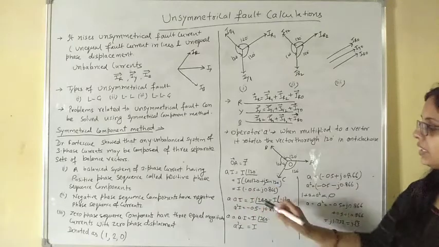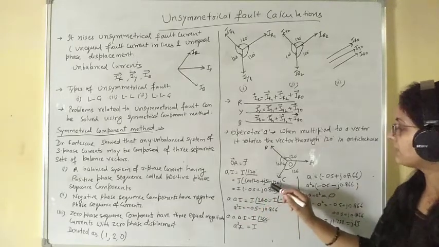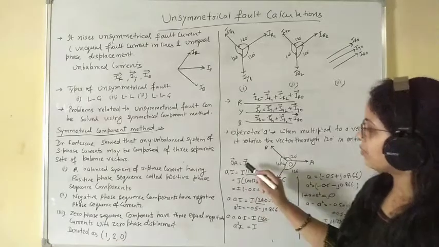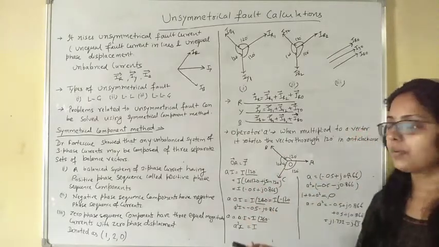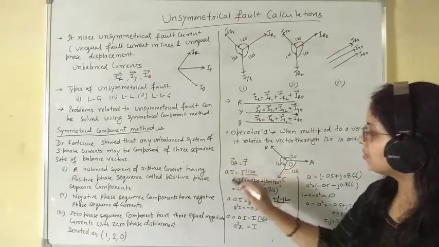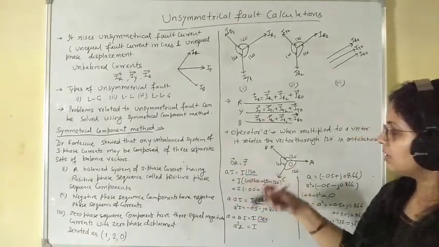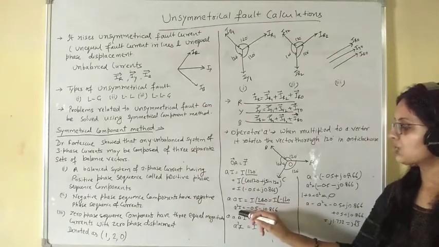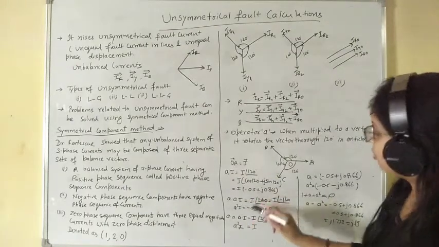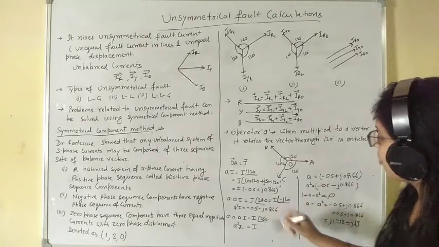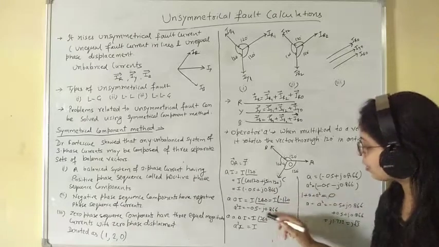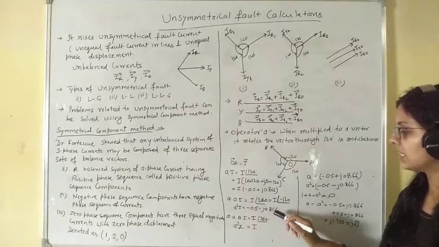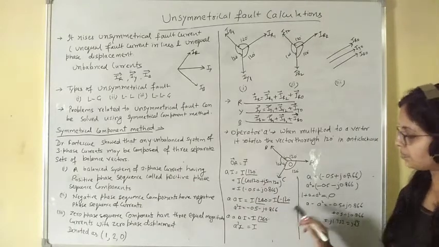So cos 120 is minus 0.5 and sine 120 is 0.866. Similarly, when we multiply another operator A with the previously calculated one, it will be A square I. By putting all these values and converting polar form to rectangular form, we get minus 0.5 minus j 0.866.